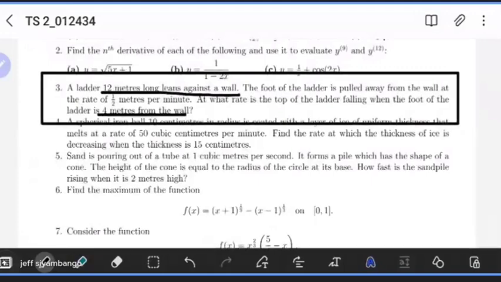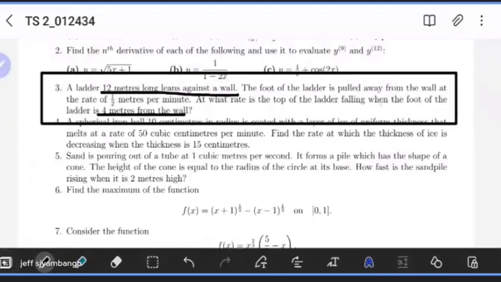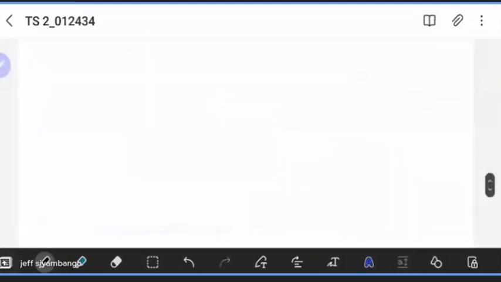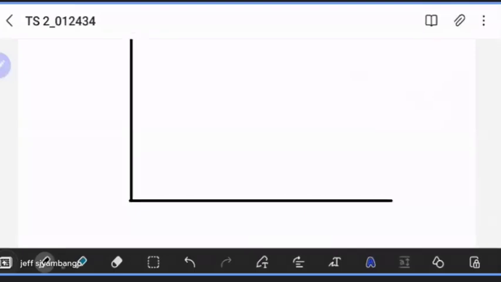You have to understand that I included the 12 for one simple reason. Regardless of how much we pull, the length of the ladder does not change. If I just give you that description again, let's start with when the ladder is way up, something like this.